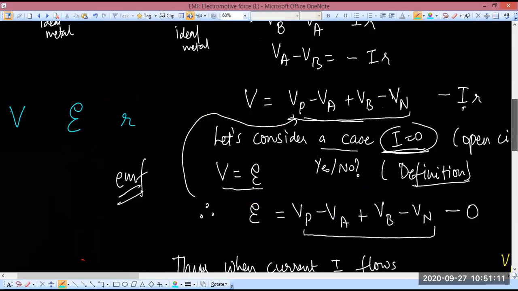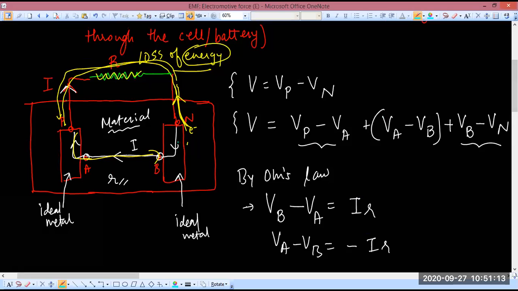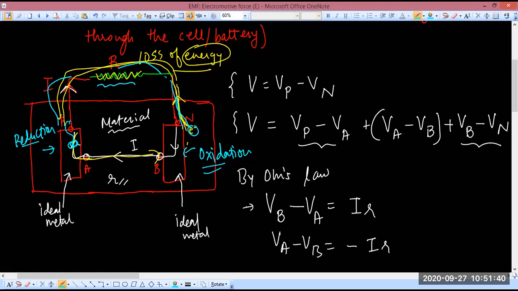When you are using a battery by connecting it with a resistor and all that, at that time the electron goes like this. So oxidation happens over here and reduction happens over here. I hope you understand that, right? Because the electron is coming out from here. It means oxidation must have happened here for the electron to come out, right? And here reduction happens because the electron is going there and it's going to react with it.